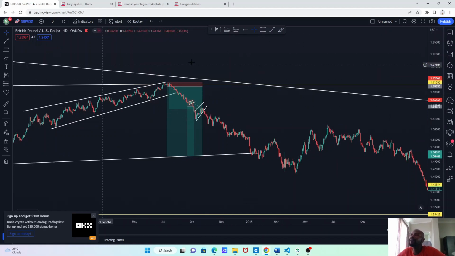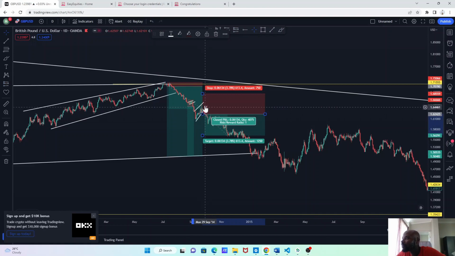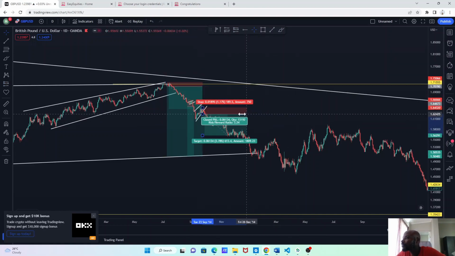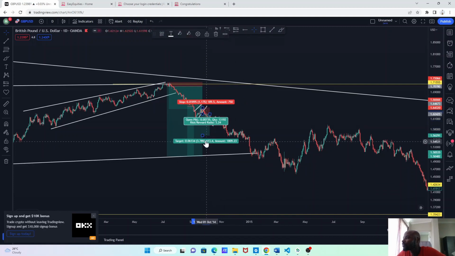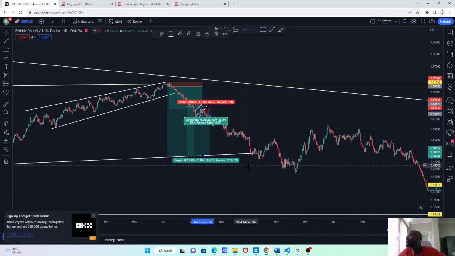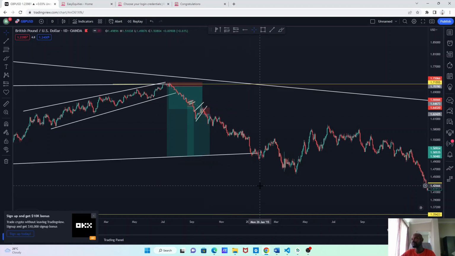The other opportunity would come here on this momentum candle. Put your stop loss there, then you target the same area, right?